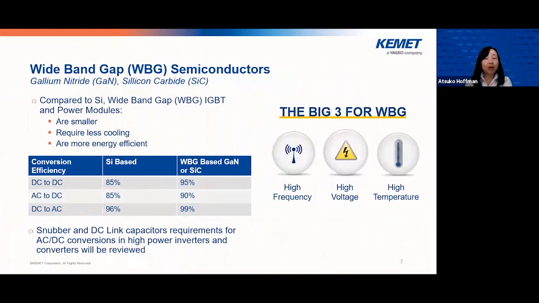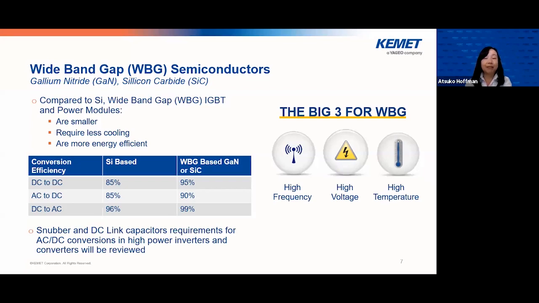I mentioned wide bandgap semiconductors, gallium nitride and silicon carbide. Wide bandgap semiconductors have started penetrating not only electric vehicle DC fast chargers, but also inverters of electric vehicles and other applications such as solar inverters.